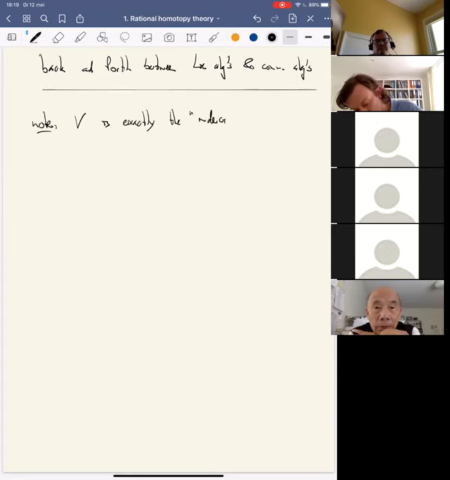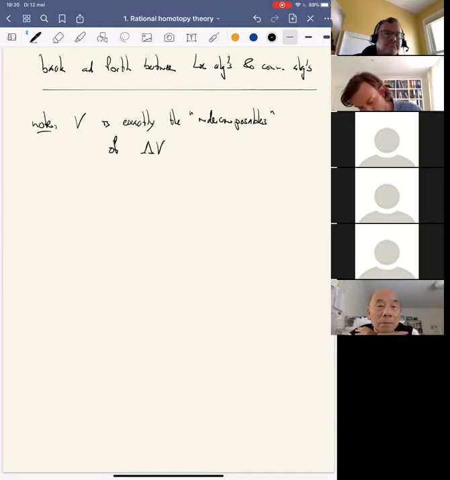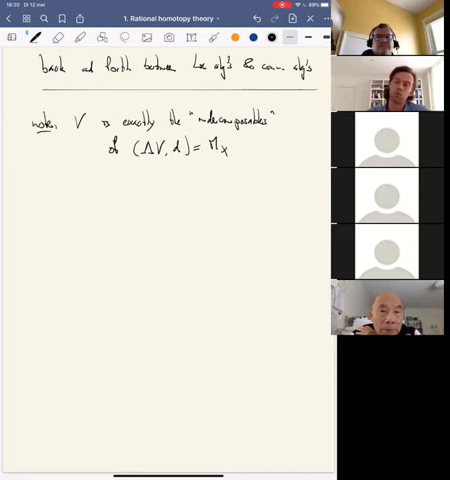So these are the indecomposables of this free algebra with minimal model X.